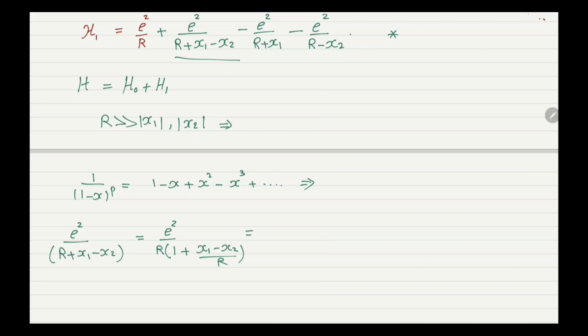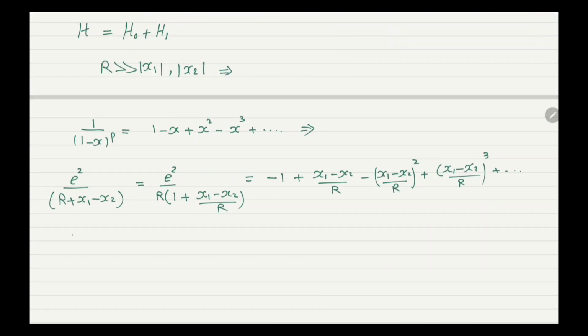This equals minus 1 plus (x1 minus x2) over R minus ((x1 minus x2) over R) squared plus x1 x2 over R cubed, and so on.